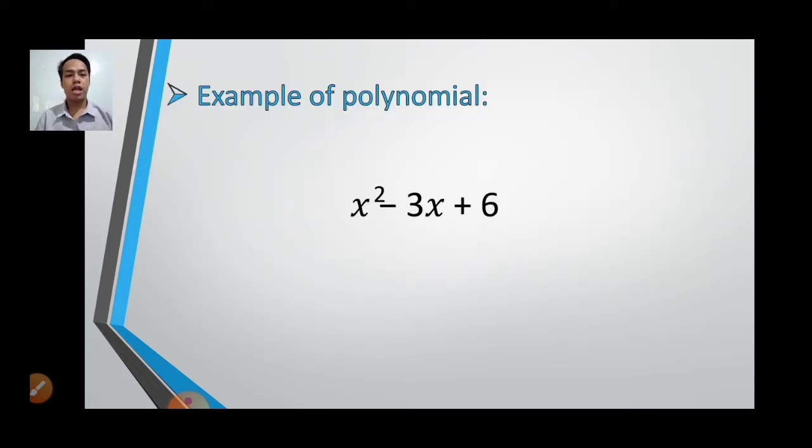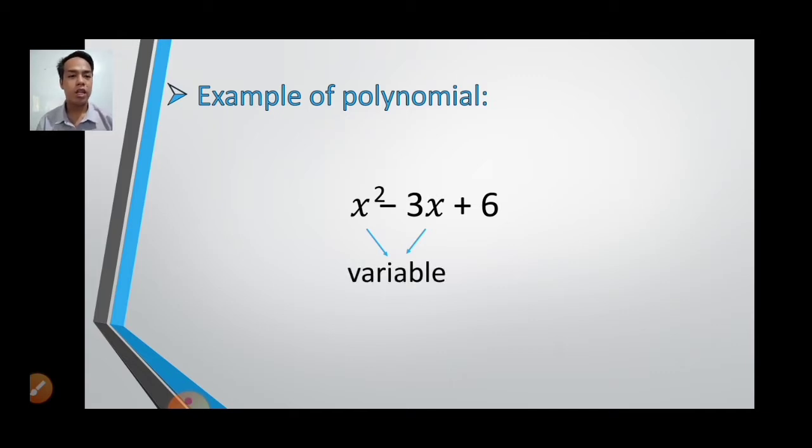Now, this is an example of a polynomial. We have the given x squared minus 3x plus 6. Now, we are going to find the terms which consist of this expression. Like this one, the letter x, that is what we call a variable.